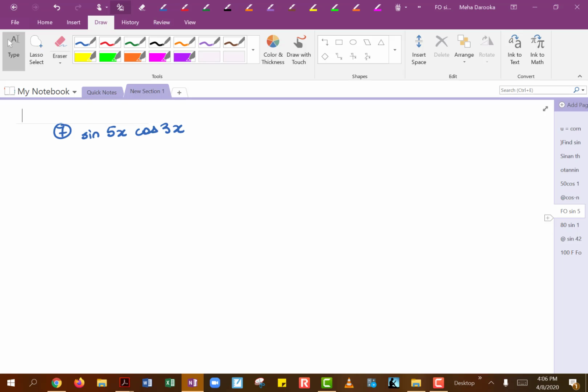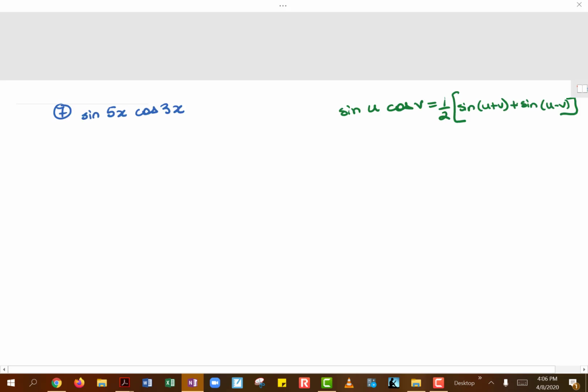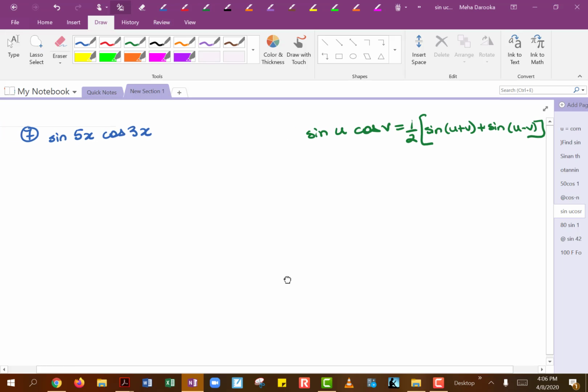This one is using the rule sine of u multiplied by cosine of v, which is 1/2 sine of u plus v plus sine of u minus v, right? So that's the rule that we are using over here.